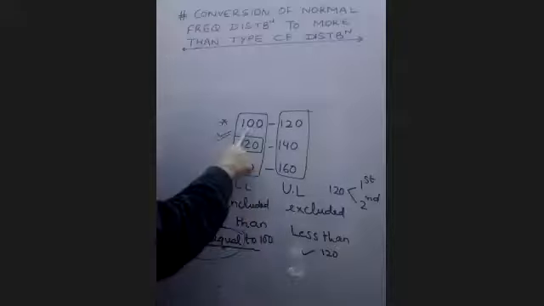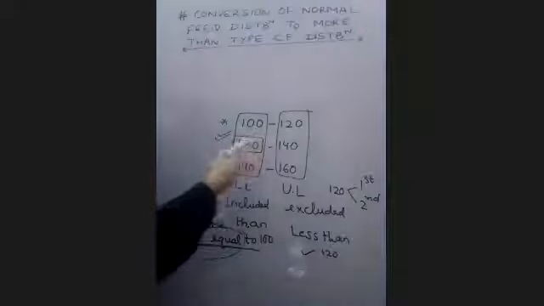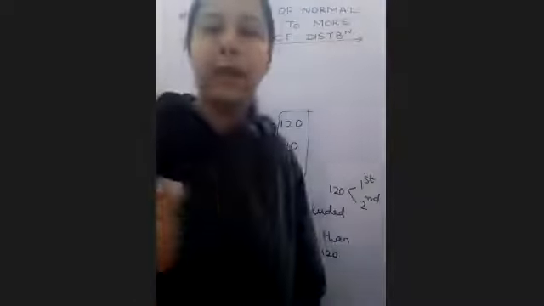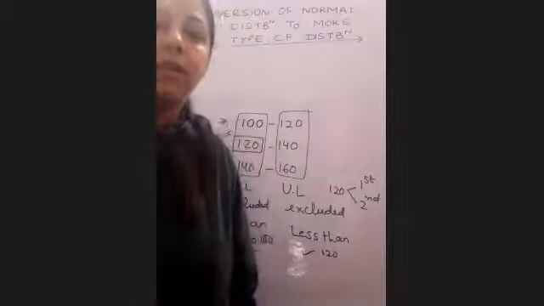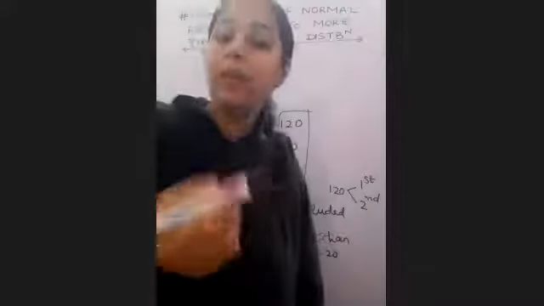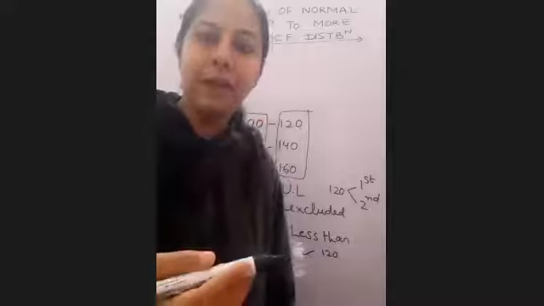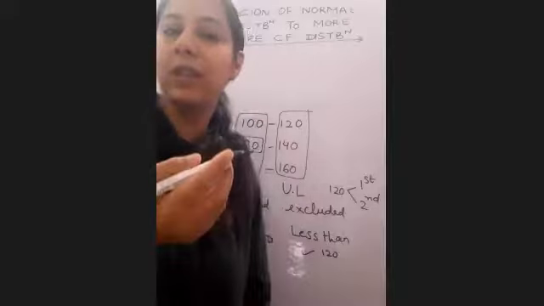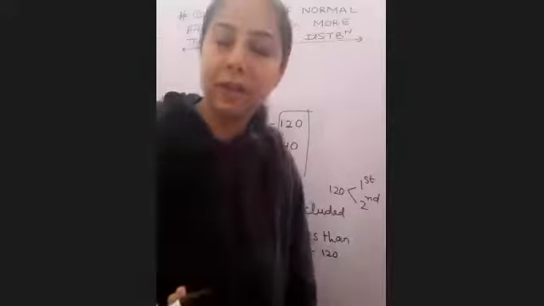Blendina is asking a question in the chat box. She's asking, is less than 100 possible? See, as per your requirement, you want something in 100 to 120. But it depends on the situation whether you will accept something less than 100 or not.